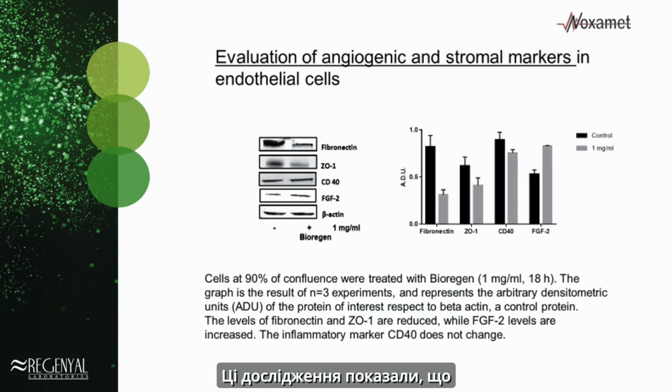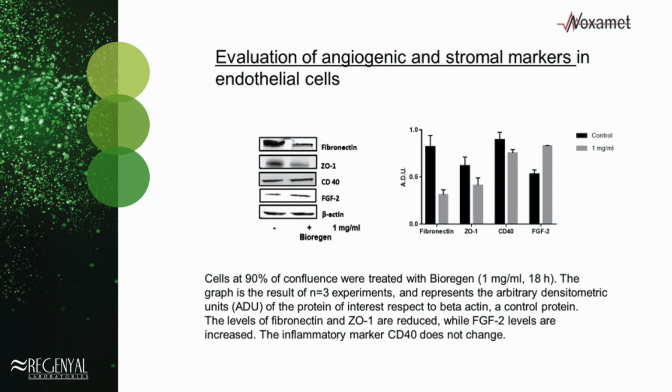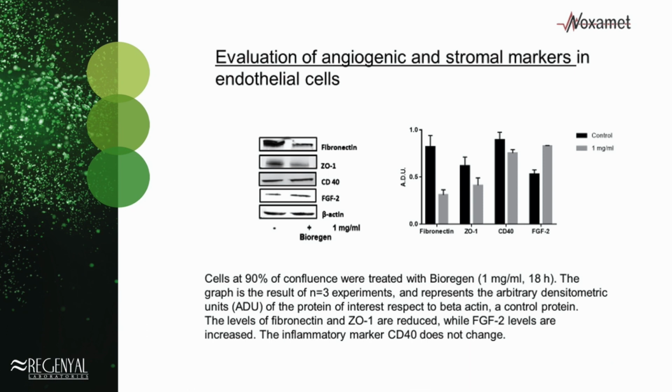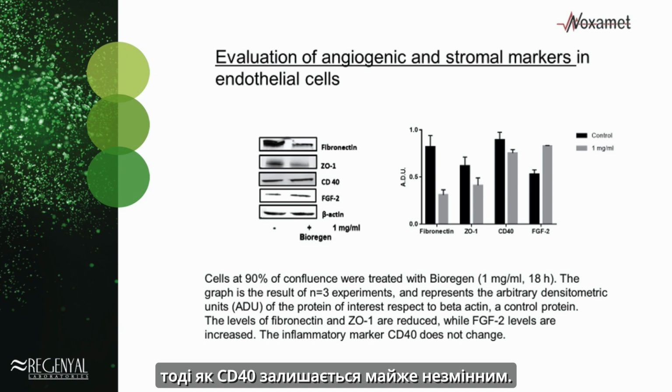These studies have shown that Bioregen decreases the expression of fibronectin, the adhesion protein of zonula occludens, and increases the fibroblastic growth factor. This shows that fibroblasts are stimulated in growth and cells are stimulated in migration, while CD40 remains almost unchanged.